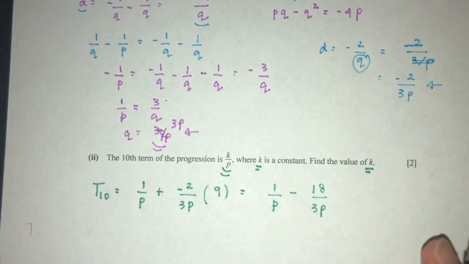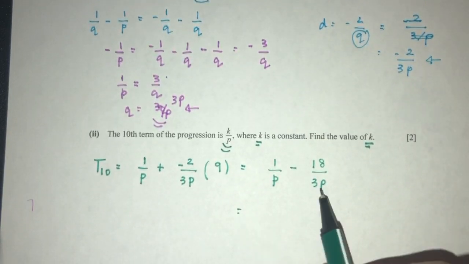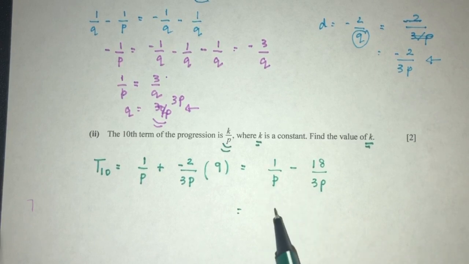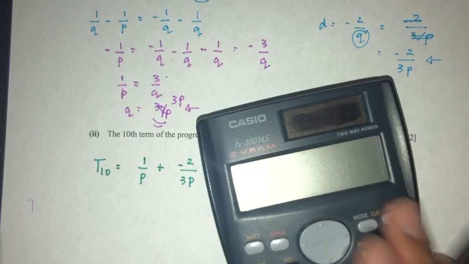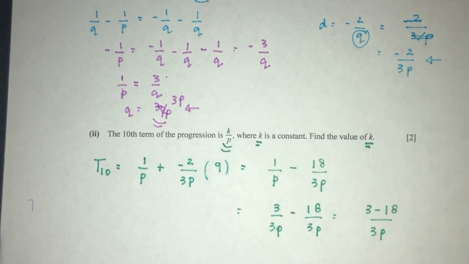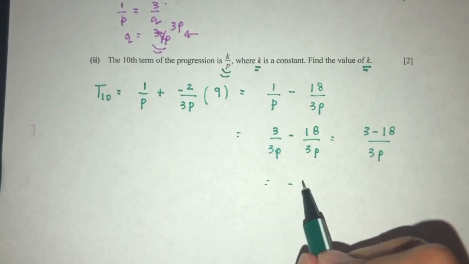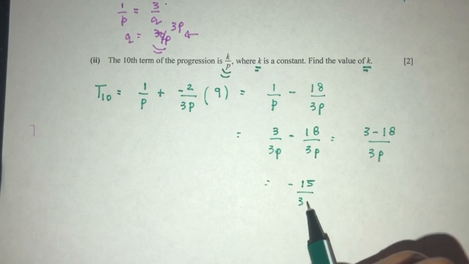Because the bases are different, we have to combine them, so you multiply by 3 here. You will have 3 over 3p minus 18 over 3p. That will be 3 minus 18 over 3p. So 3 minus 18 should be minus 15, so that will become minus 15 over 3p.